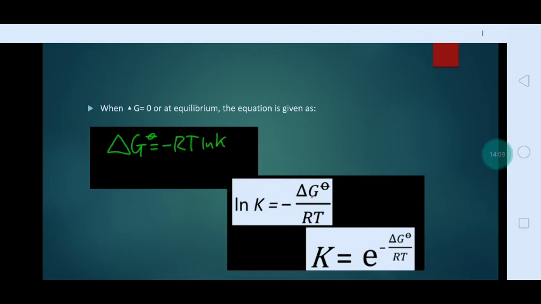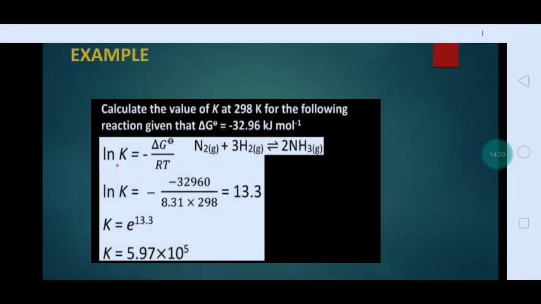So we have ln K is equal to negative delta G to the power of 0 over RT, and they come up with the final formula, which is K is equal to e to the power of negative delta G over RT. So we have here an example. To better understand this, let's have this.